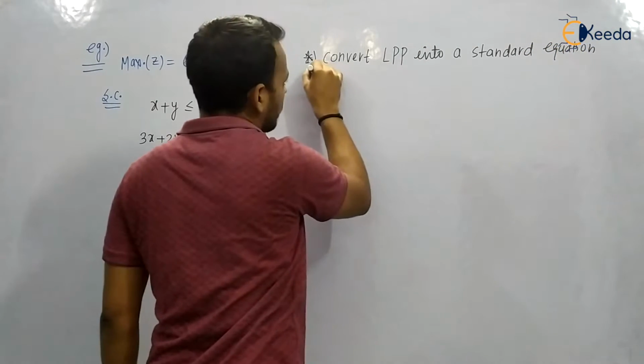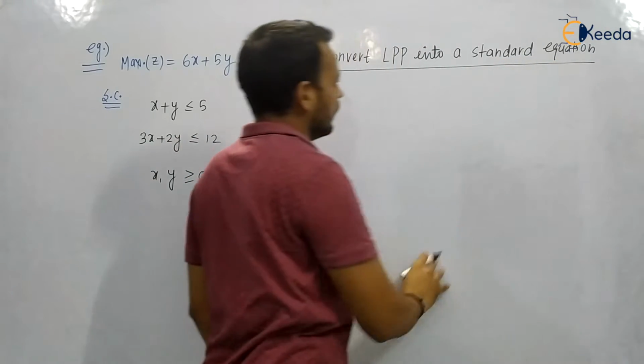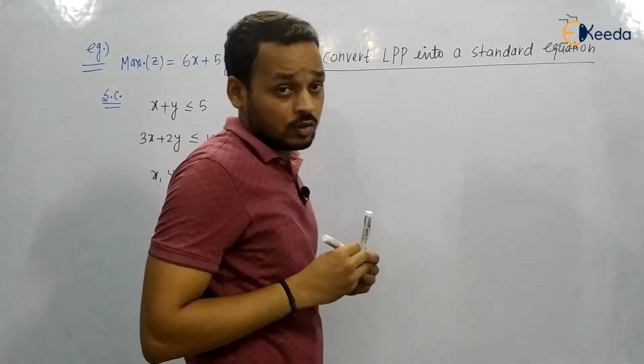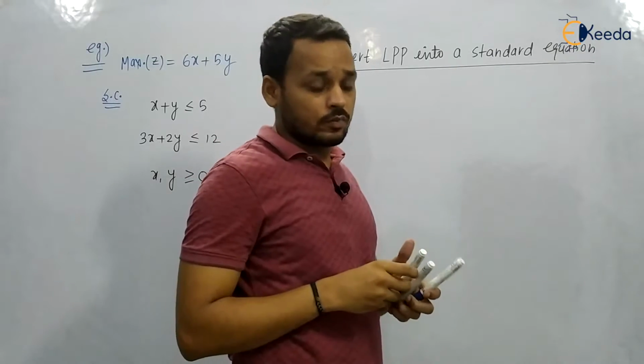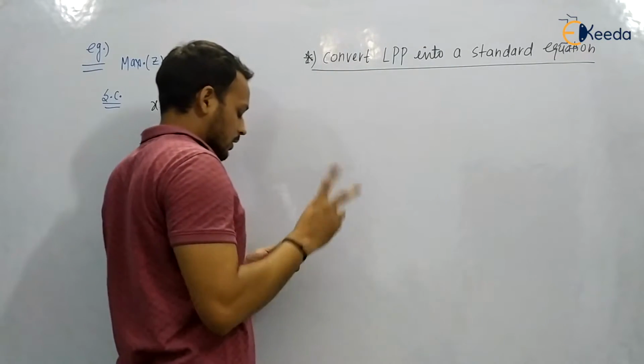Okay, convert your linear programming problem into a standard equation. So what is the standard equation? The standard equation consists of two things.